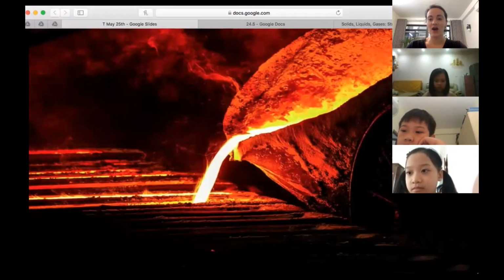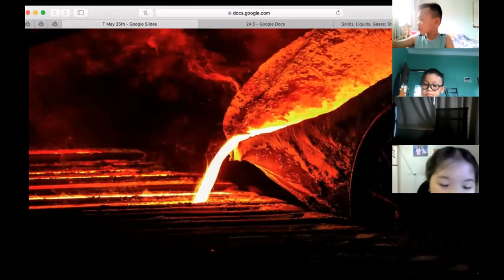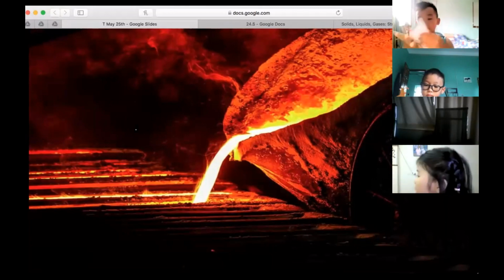Raise your hand on Zoom if you think you could tell me how they melt metal. What do you have to do to a piece of metal to melt it? This answer is easier than you think. Ray, what do you do to metal to melt it?